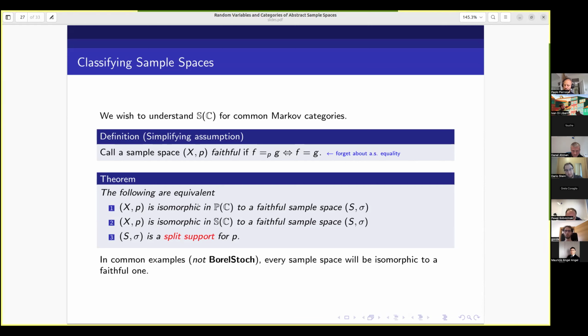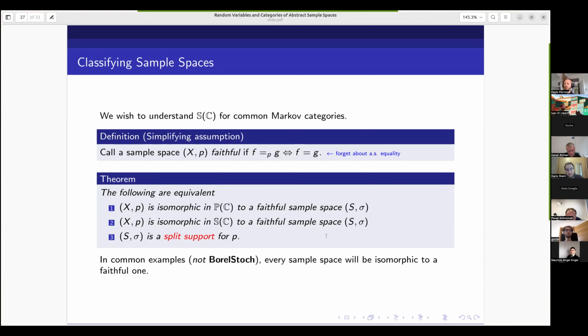A sample space is isomorphic to a faithful one in the category P of C. This is actually equivalent to a stronger thing, namely that a sample space is isomorphic to a faithful one in the category of sample spaces. So this is saying that isomorphisms, whenever we have them, must be almost truly deterministic.